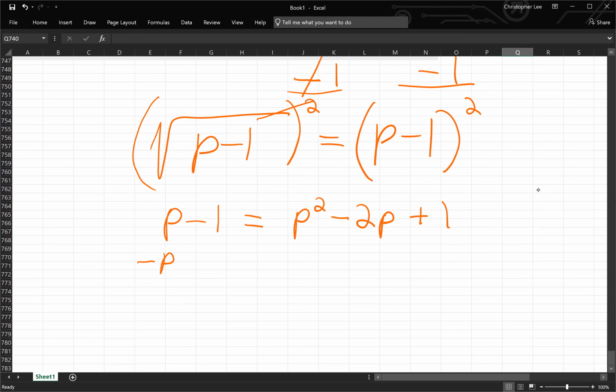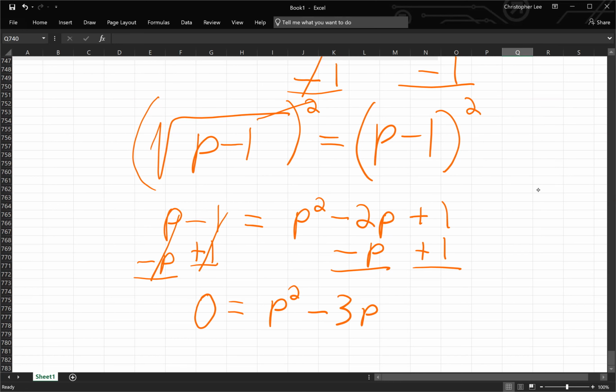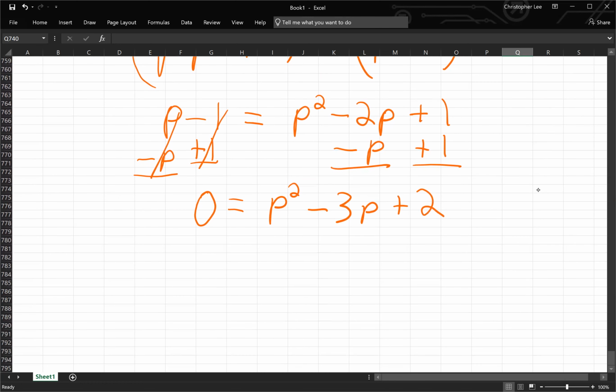So I'm going to subtract P from over here. What I do to one side, I have to do to the other. I'm also going to add 1 over here. So now what do I have? 0 is equal to P squared minus 3P plus 2. Light work, right? So now I'm going to factor this.